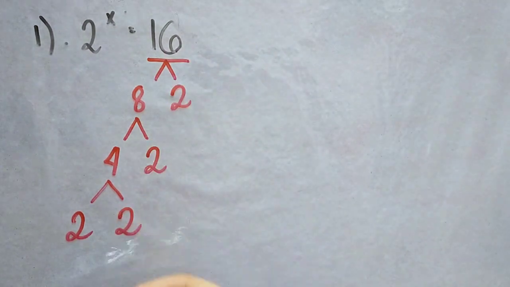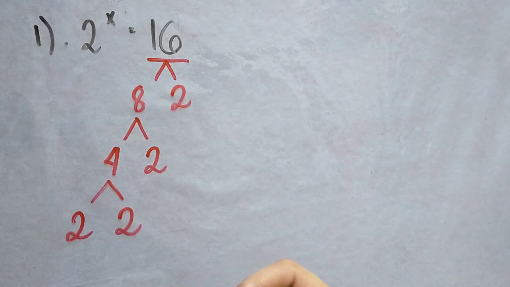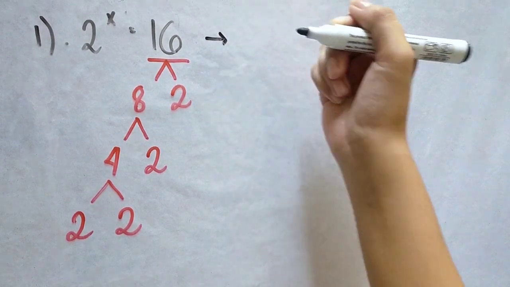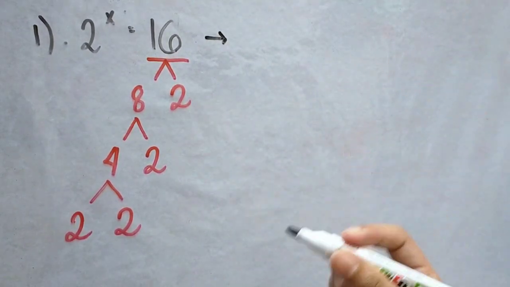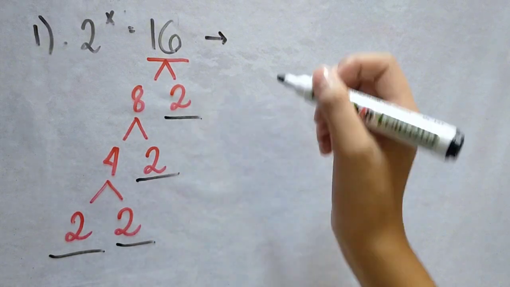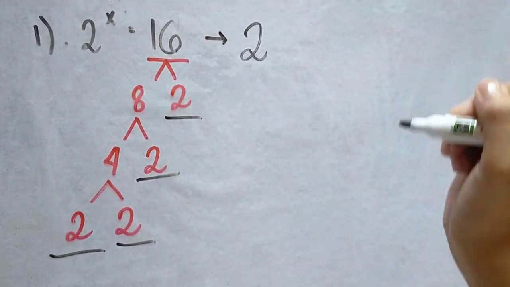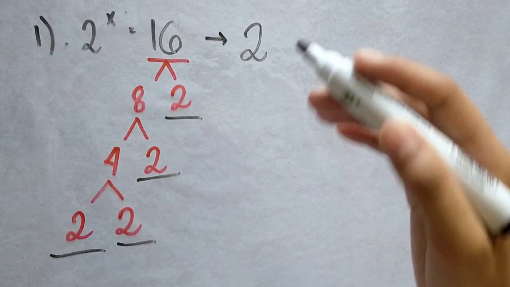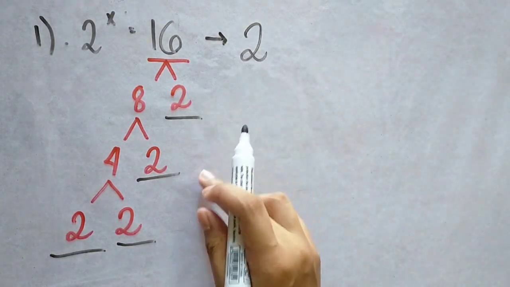Ngayong naabot na natin yung end, hanapin naman natin sa kanila yung may pinakamaraming bilang. And as you can see, it is 2 kasi meron siyang 4. So let's just copy 2. And next, bibilangin naman natin kung ilang pirasong number 2 yung nandito.